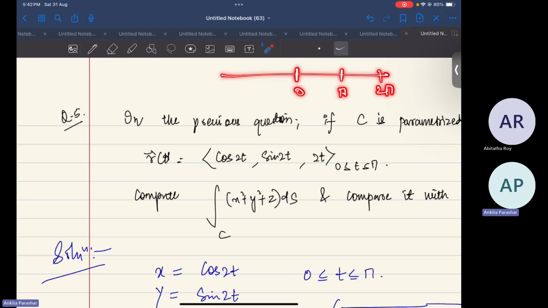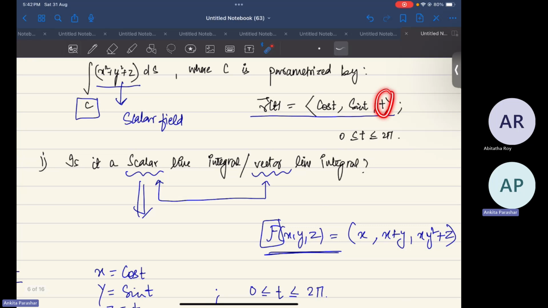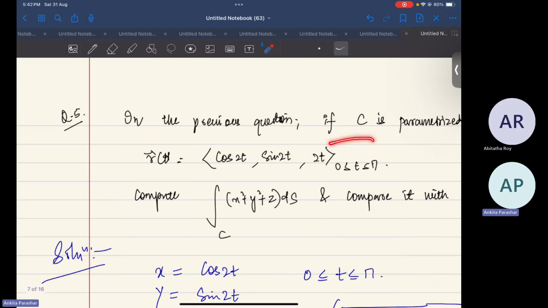When I'm reaching this point on the curve, when t is 0, it's okay. When t is pi, it is reaching 2 pi here, but there, when t is pi, it is reaching pi only. So this curve is twice as fast as the previous curve.